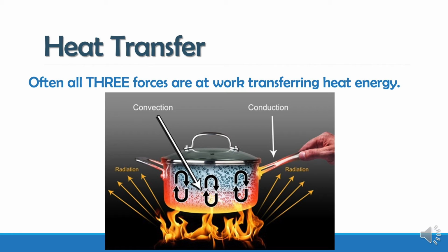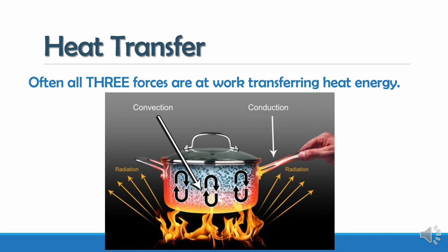Inside the pan itself, the water that's in there, when water gets heated, and the way that water holds on to heat and moves it around is the same convection forces that we saw with air. It's showing some kind of a loop that's happening in there, because as water heats, it tends to rise, and cooler temperature water is denser and falls.